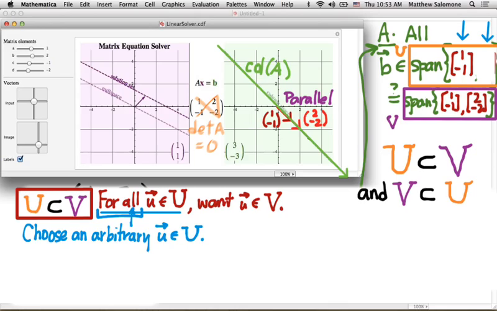And then we ask ourselves, well, what do we know about u? Now we know that it belongs to the set capital U, and capital U is the span of the vector (1, -1). So what does that mean u looks like? What does u have to look like?